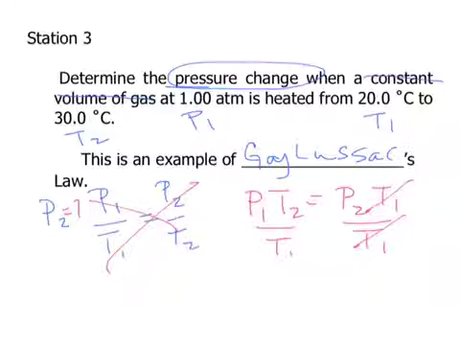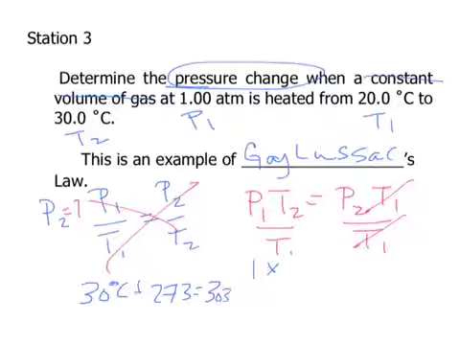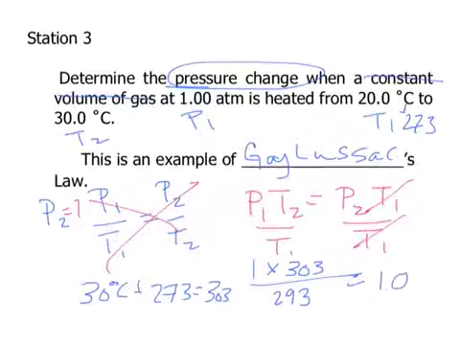Pressure 1 was 1 atm times my temperature 2, which is 30 degrees C plus 273, which is going to give me 303. So we're going to say 1 times 303 over my T1, which is 20 degrees plus 273, so this is going to give me over 293. And my answer is 1.03. Since we're looking for pressure, my units are atm.